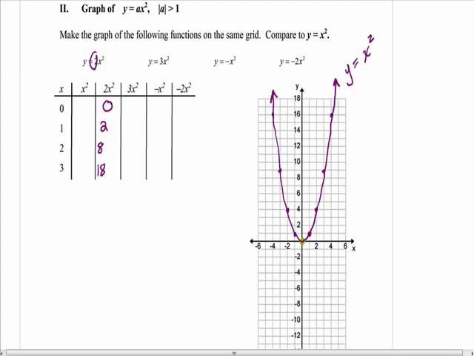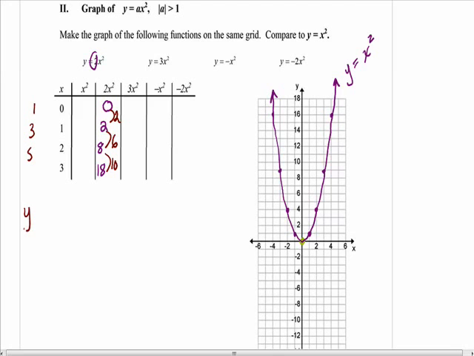Well, let's find the delta y's now. So now I have 2. What's the difference here? What's the difference here? 10. Well, my delta y's before were 1, 3, 5. I'm sure you can see the relationship between my new delta y's.